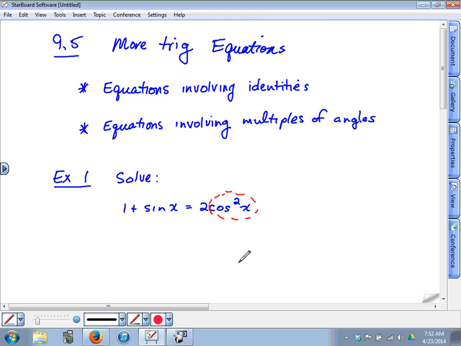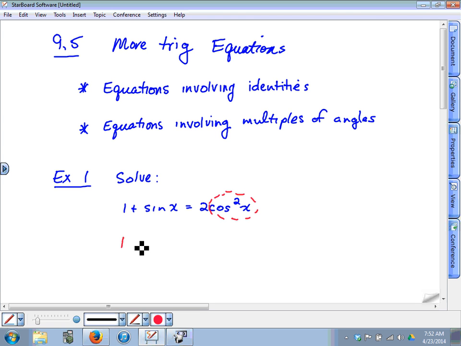There's actually 3 of them. The one we would want is the one that involves only sine. Remember, there's cosine squared minus sine squared, or 2 cosine squared minus 1, or this one, 1 minus 2 sine squared.